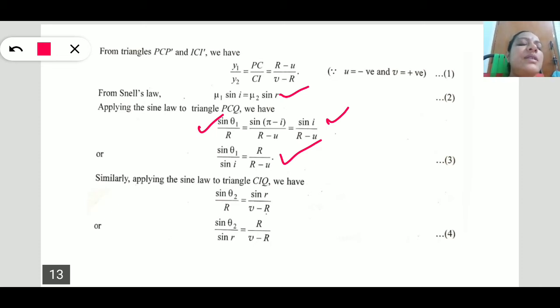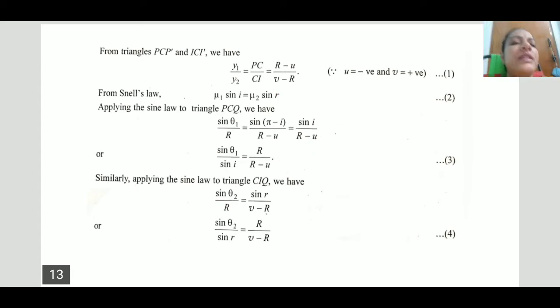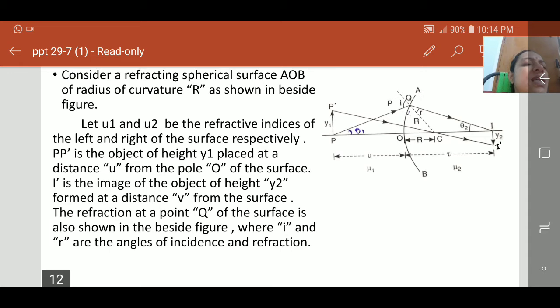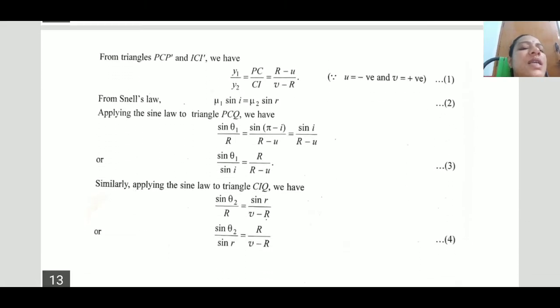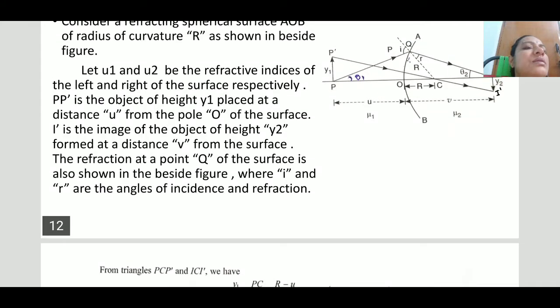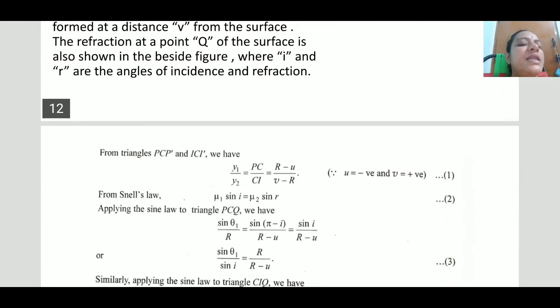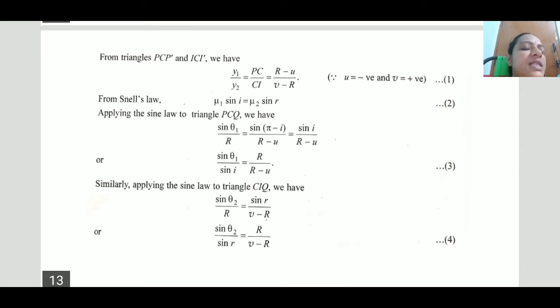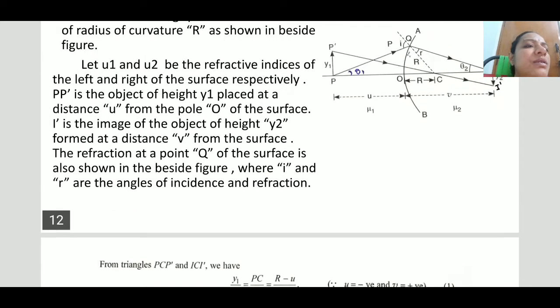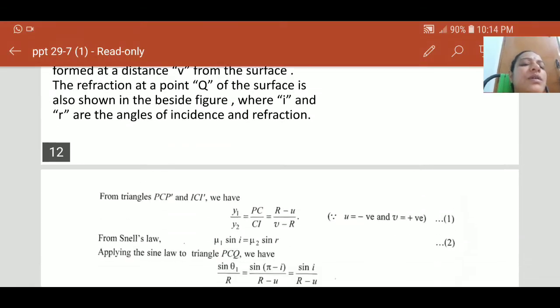Taking the ratio, sin theta 2 by R is equal to sin r by V minus R. Therefore, sin theta 2 by sin r is equal to R by V minus R. Similarly, coming to the third equation, sin theta 1 by sin i is equal to R by R minus U.